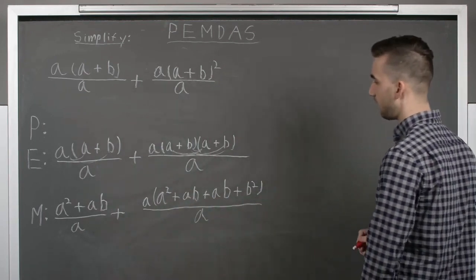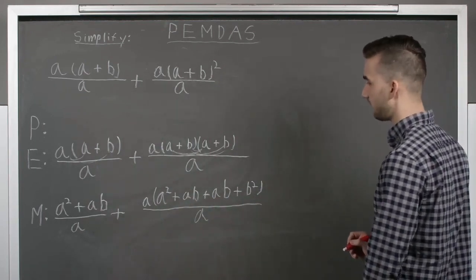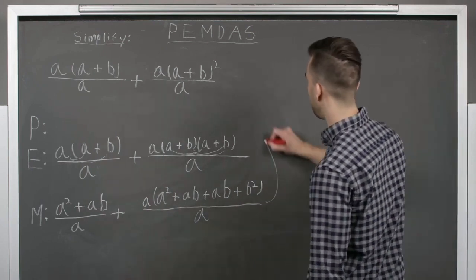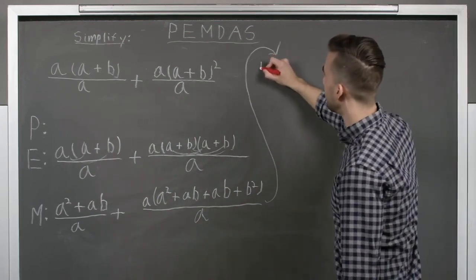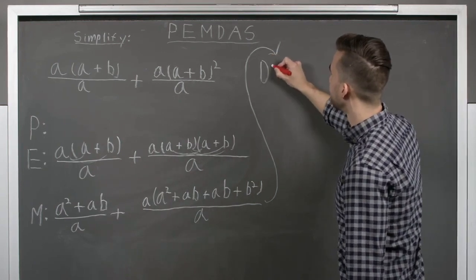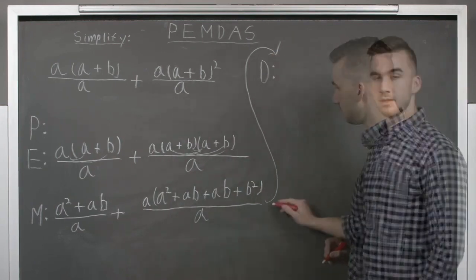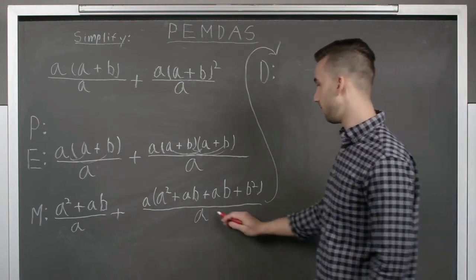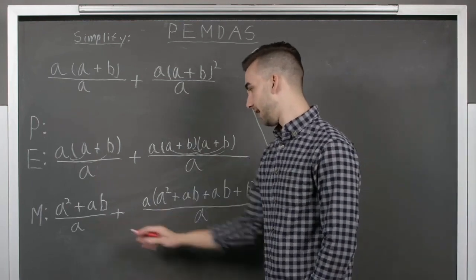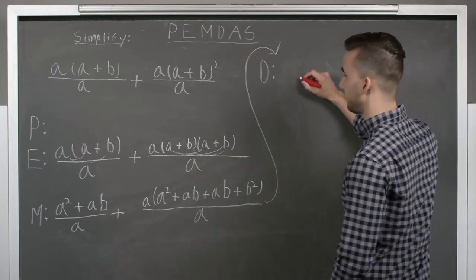So now we can do our division step. Let's bring it up here so I have more room. D for division. Multiplication is done. Let's do our division step. We can divide A out. So let's write this.